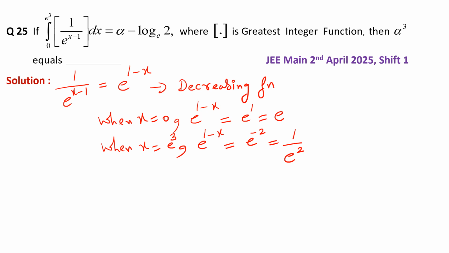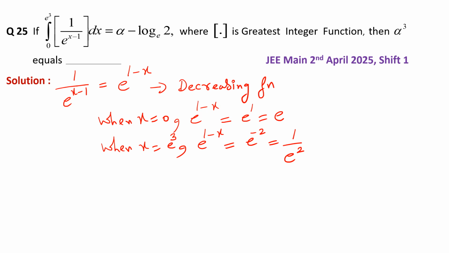Now between 1 upon e square and e, there are two integral values and they are 1 and 2. So now we have to find those values of x for which e to the power 1 minus x either becomes equal to 1 or becomes equal to 2.